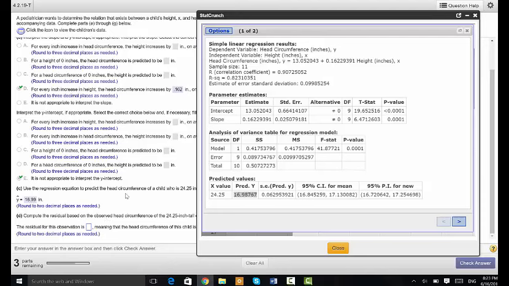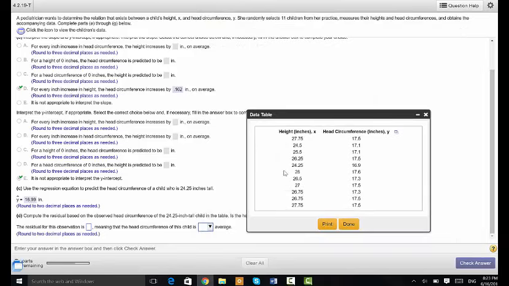Notice we mentioned the residual. The residual is your observed value minus your predicted value. Looking at the table here, you'll see part D is asking you for the 24.25. In your table, 24.25 and the corresponding head circumference is 16.9. That's what you measured for one of the kids, so that's from your observation. And 16.99 here comes from your calculation, or your prediction.